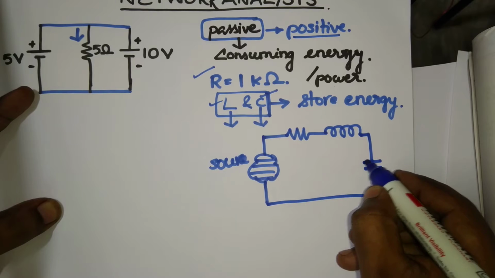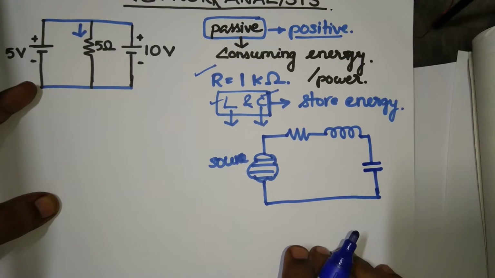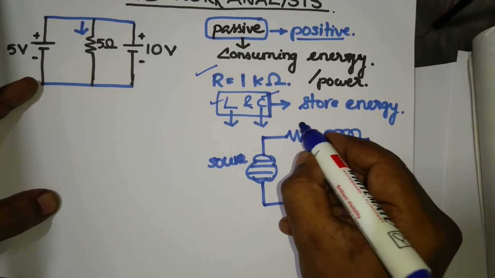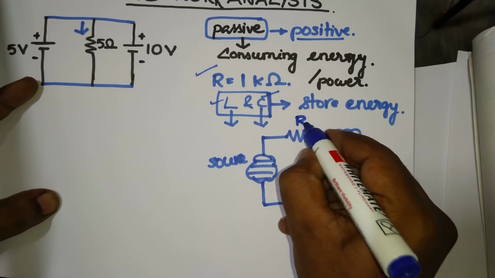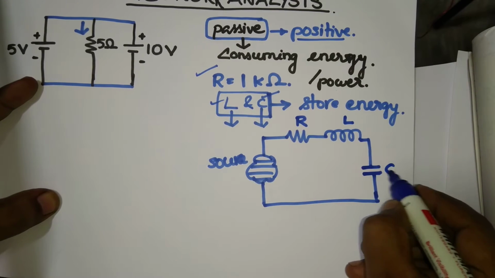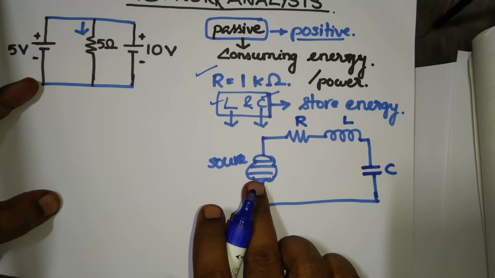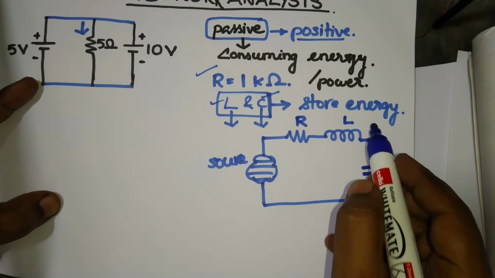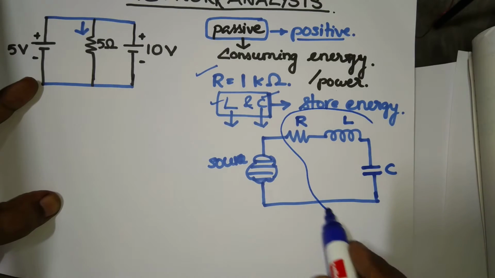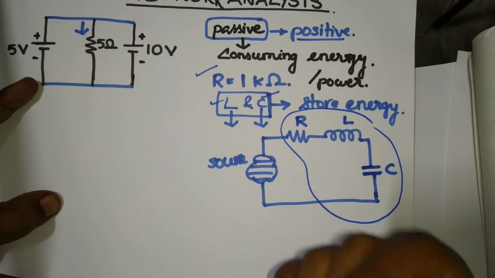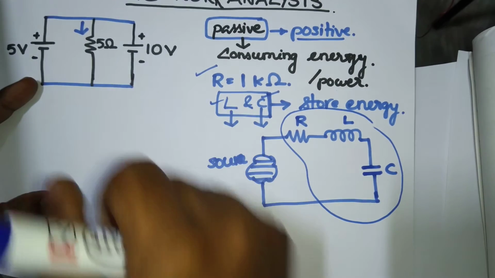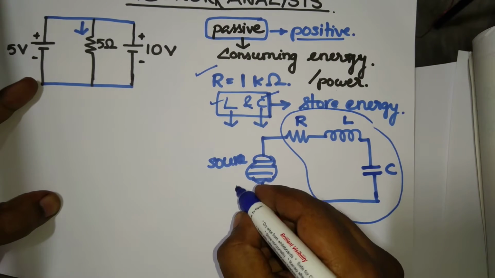Unpolarized capacitor means polarity doesn't matter. So anyway, say you have RLC components. Now in the presence of this source, this network gets energized.